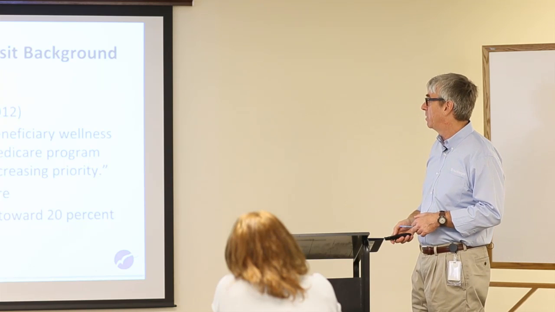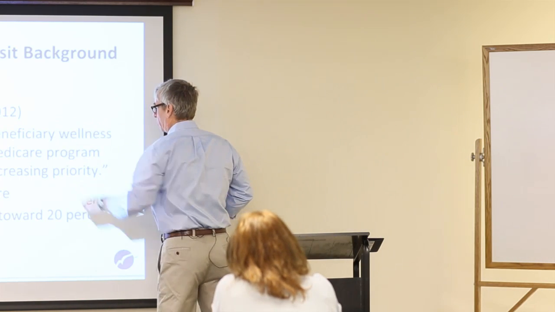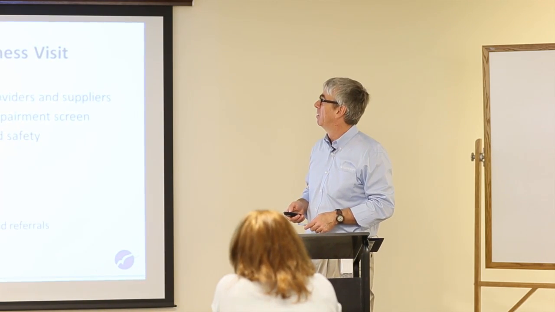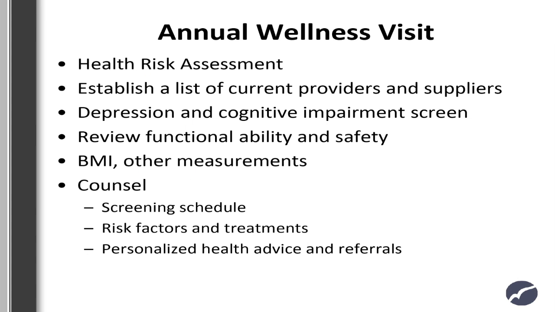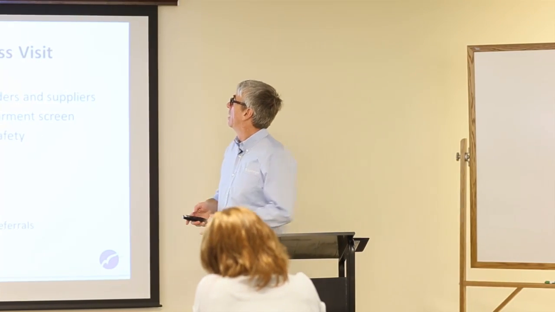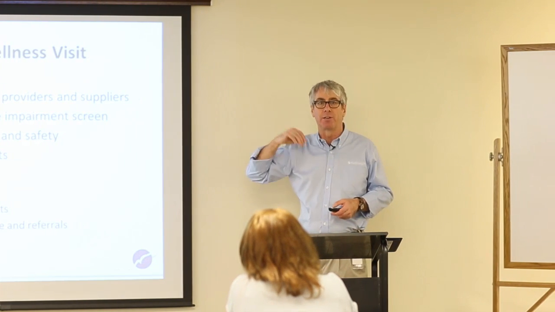We are seeing increasing use of the annual wellness visit since 2012; we'll talk about that more in a moment. Here are the elements of an annual wellness visit. There's a health risk assessment. So the patient provides: here's my family history, here are current problems, here are the medications I'm on. Lists of current providers and suppliers, so here are the other doctors I'm seeing.